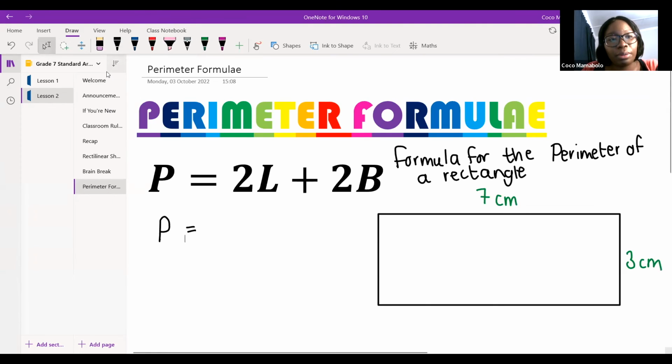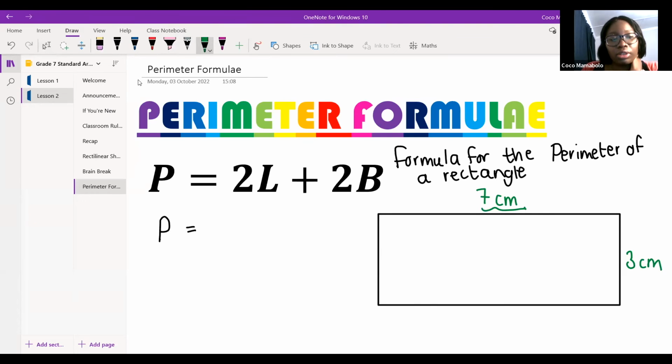unmute and finish this one for me, please, my sweetie. What would I write? Ma'am, I think you're going to say capital letter P. Then we're going to say 7 centimeters. Okay, remember, which one is my length? The one on top. Good, the 7 centimeters, right?